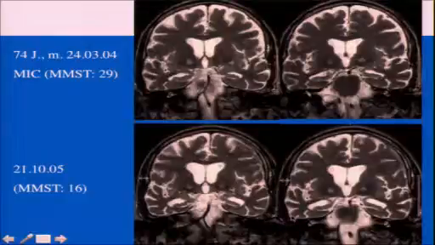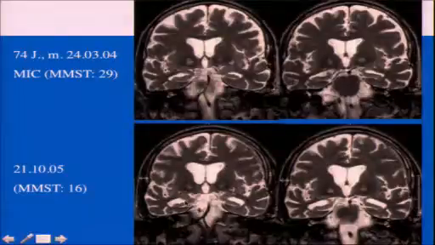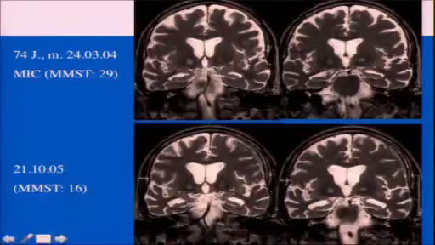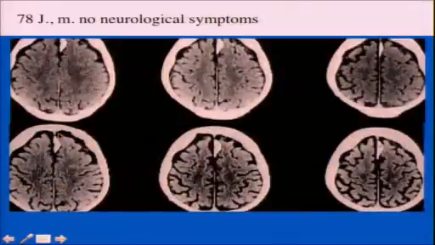You see that there's significantly more pronounced atrophy evident. So you see the enlargement of the lateral ventricles, but it's most obvious here that the temporal horns of the lateral ventricles have enlarged more than the rest of the ventricular system. So it's mainly a temporal lobe atrophy.